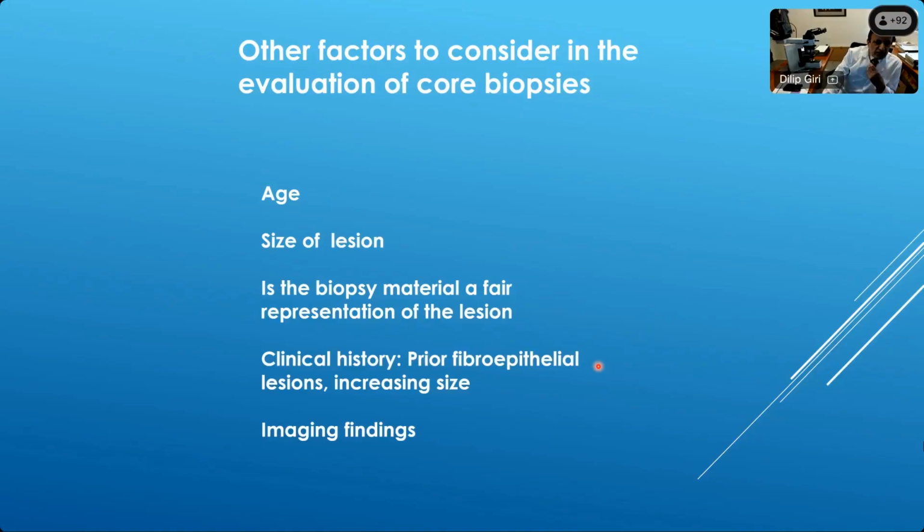If the lesion is increasing also, like in 6 months or a year, the lesion has doubled in size, then I think it's fair to get it excised. Fibroadenoma generally will remain static. They tend not to grow after maturing. They will just stay stabilized. And even if they grow, they will grow very slowly.